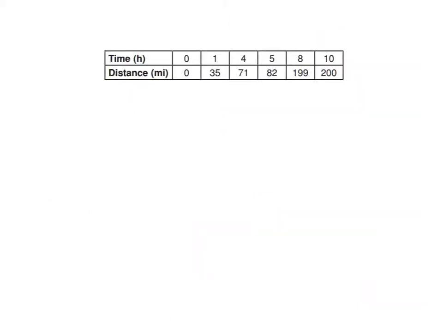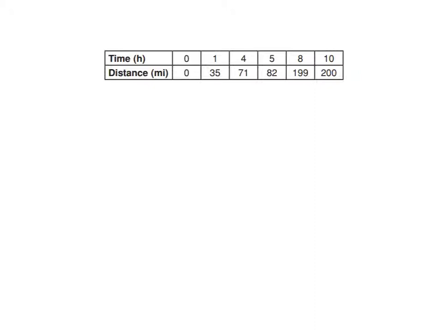This time we're going to look at a table, and this time we're looking at the difference or the change in time and the change in distance. So if we're looking at this table, we know that our table usually goes x, y, so this gives us a shortcut to finding our independent and dependent variable. The independent variable, the thing that's in charge, is the x, or time.